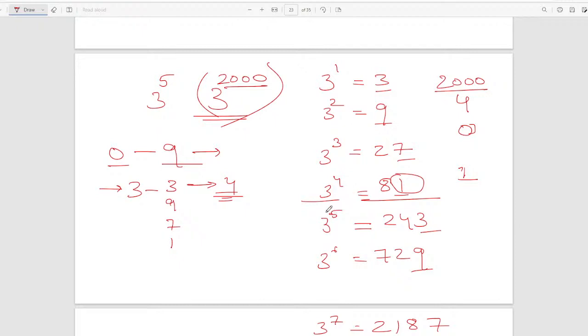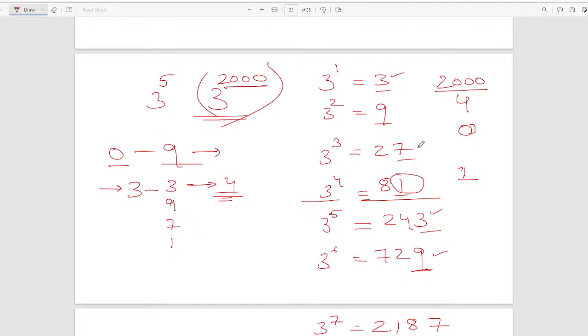After this, if I take 3 raised to 5, I would get 243. So this number 3 is the same as this 3. And then 3 raised to 6 is 729. The units place digit is 9. Again, this pattern is repeating, 3971.